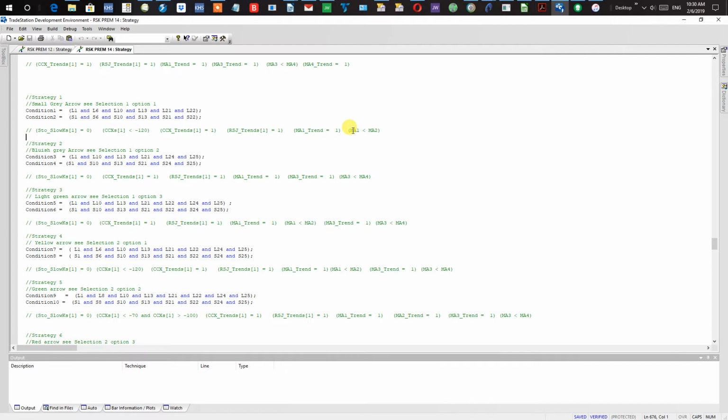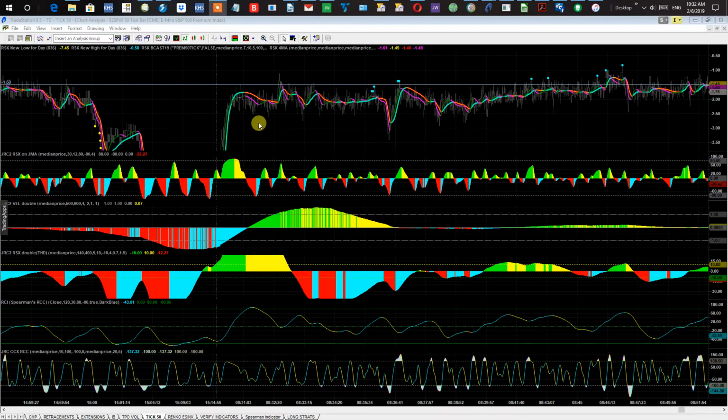Now, that was a lot, so let me just illustrate it for you with the chart. So here's our premium chart. This is the premium 50 tick. We have 2 moving averages on this chart.